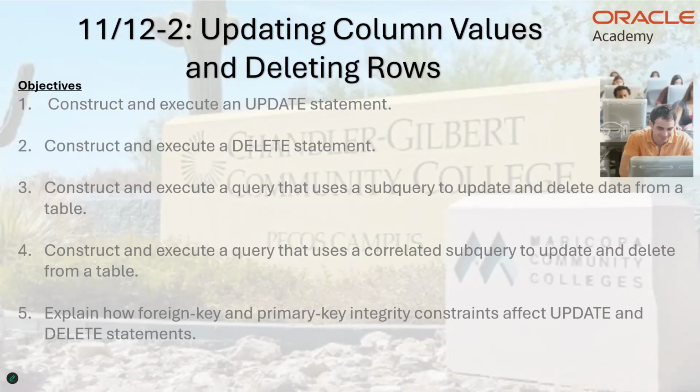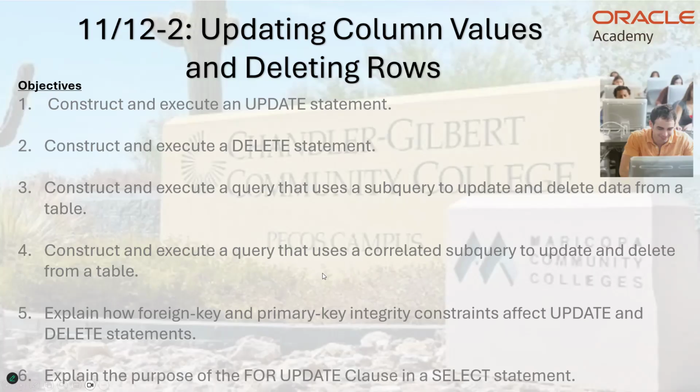I don't know if you remember, we have parent and child tables because we have primary key, foreign key relationships, and you can't simply delete these without accounting for those relationships, and we'll talk about that. And finally, there's a FOR UPDATE clause, and there's a reason why that particular clause is important, because it will help you avoid violating integrity constraints, etc.